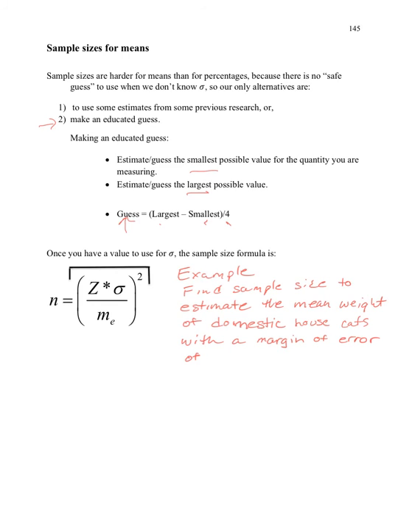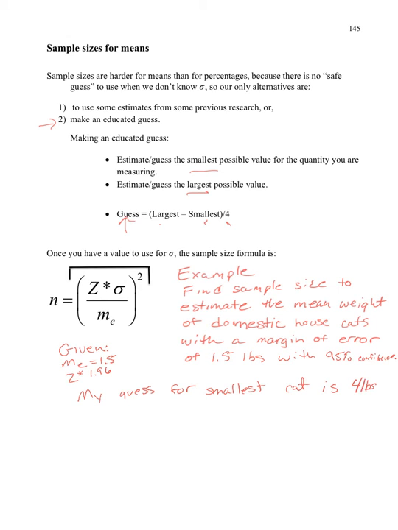So let's do an example, and let's say we want to find a sample size to estimate the mean weight of domestic house cats with a margin of error of 1.5 pounds with 95% confidence. So my guess for the smallest a cat could possibly be, an adult cat, is 4 pounds.